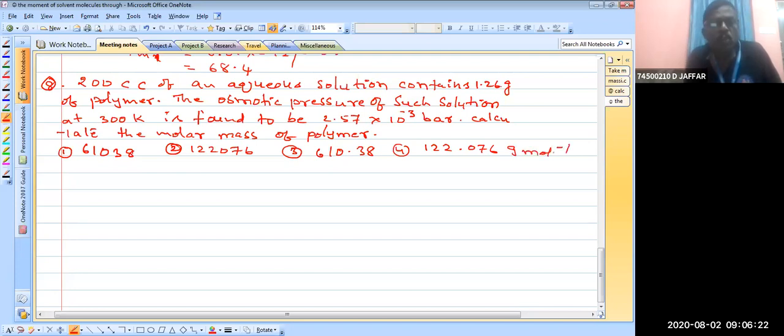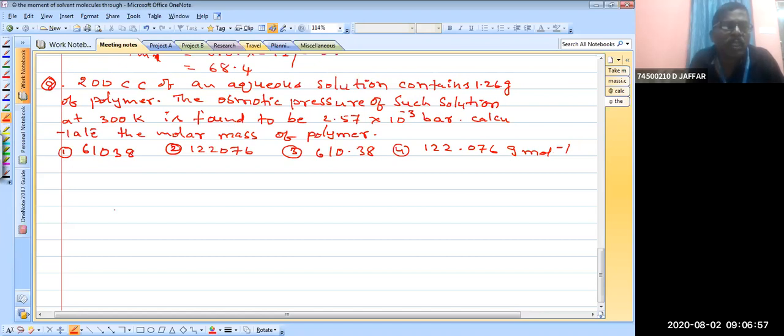So here what we want to find out, once you listen to this sum: 200 cc of an aqueous solution contains 1.26 gram of polymer. The osmotic pressure of such solution at 300 Kelvin is found to be 2.57 into 10 to the power minus 3 bar, right? Calculate the molar mass of polymer in gram per mole, right?